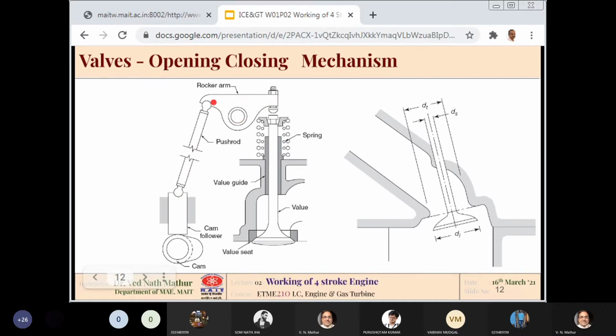There's a pin joint here. When this portion moves up, this portion moves down, and it is in contact with the valve. This is the valve, and it rests on the valve seat, and there are springs. This small round circle represents the cross section of the valve. So this is the entire valve opening and closing mechanism. This can be vertical or it can also be inclined.